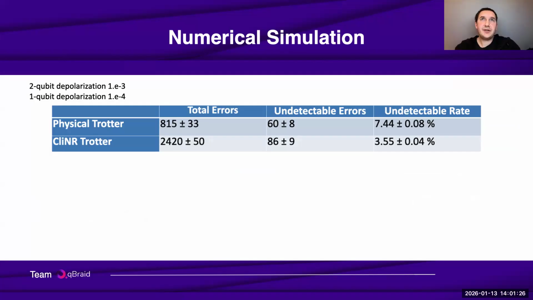When we first attempted this, although the rate of undetectable errors was lower, so if an error did occur, it was less likely to be undetected, there were so many more errors that it didn't decrease the number of undetectable errors.